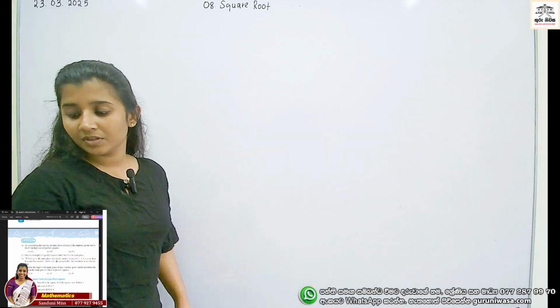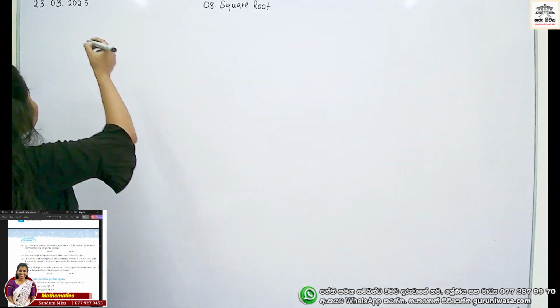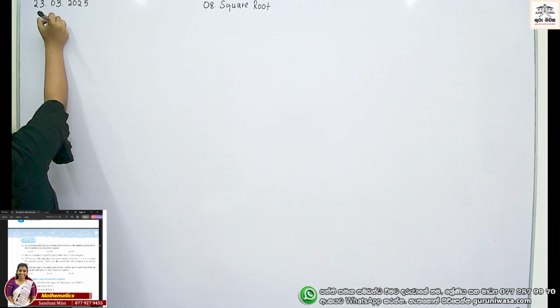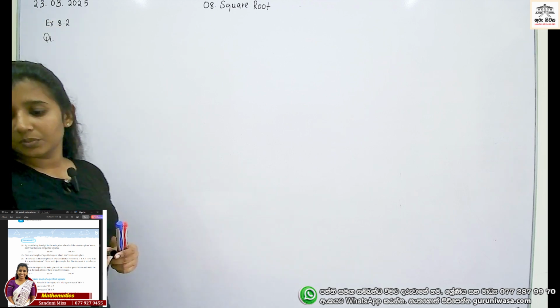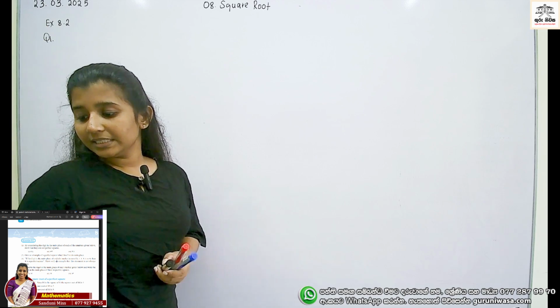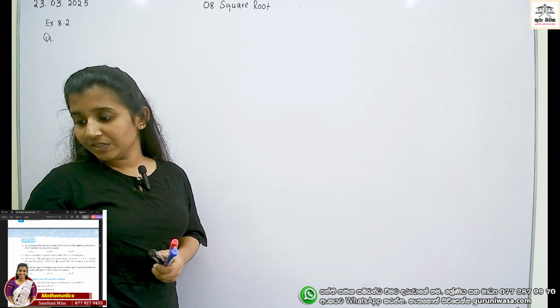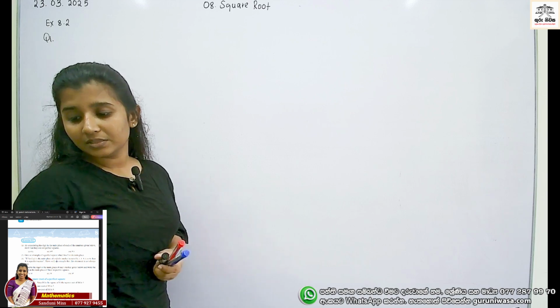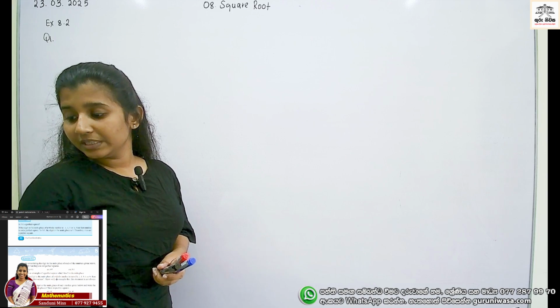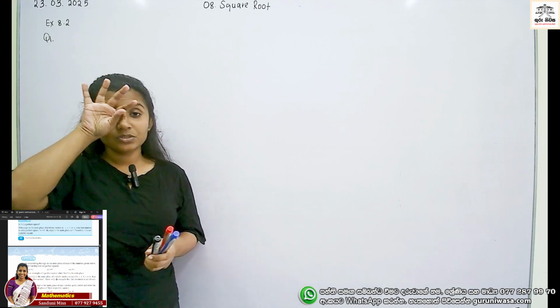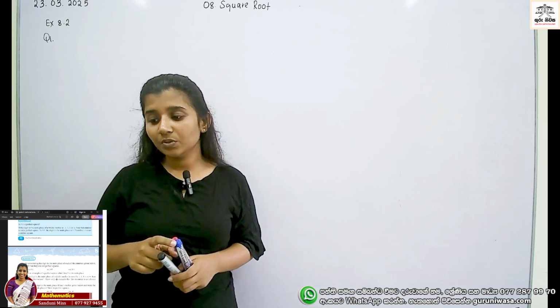Here, exercise 8.2. Exercise 8.2, question number 1. By considering the digit in the unit place of each number given below, show that first of all we need to identify what digits should be there in the unit place to be a square number and not to be a square number, right?